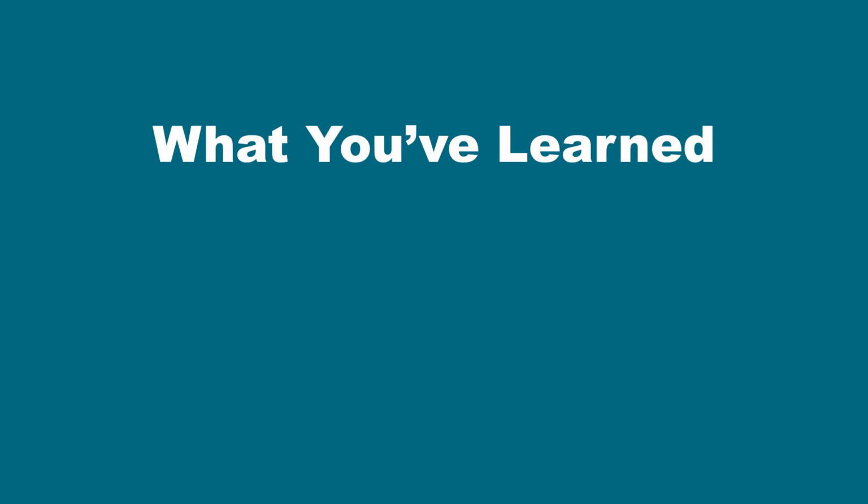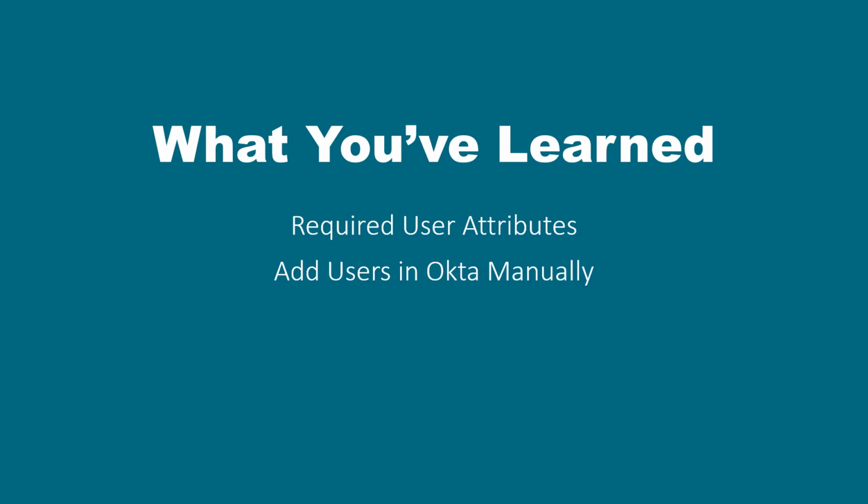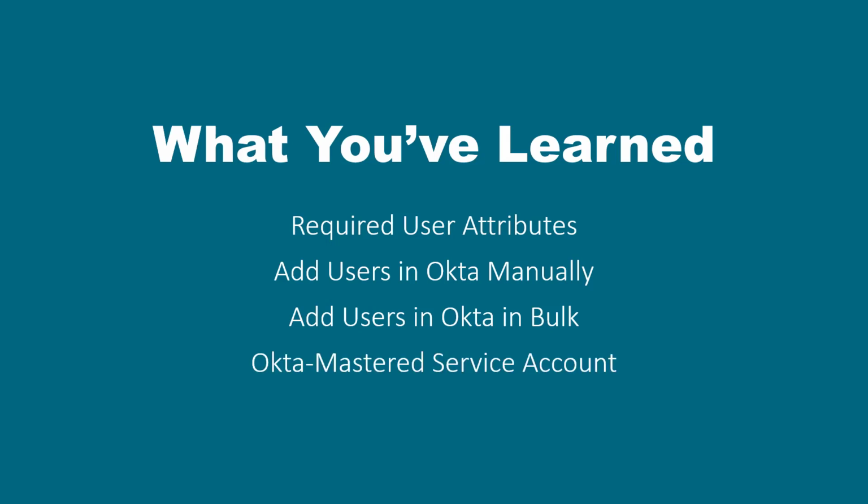You should now understand which attributes are required for all users in Okta, as well as how to add users to Okta, either manually via the portal or in bulk via a CSV file import. You should also now understand the importance and recommendations surrounding the Okta-Mastered service account and how to assign admin roles to people in the Okta org.